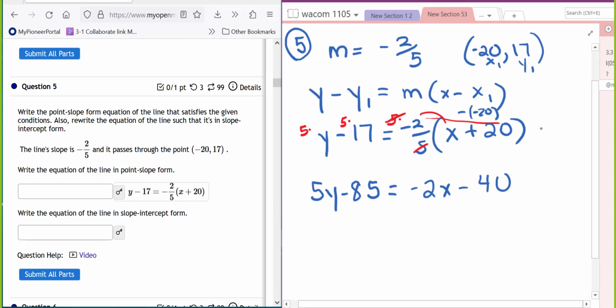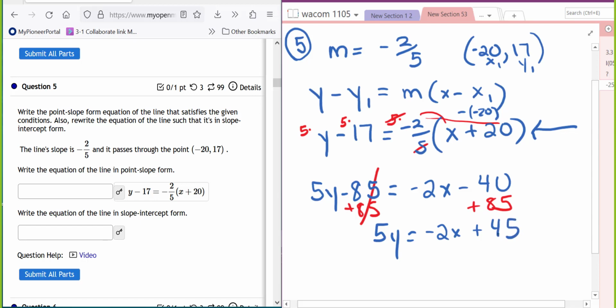So this was my first answer before I marked it up. And this one I'm going to isolate the y. So add your 85 to both sides. So 5y equals -2x plus 45, and divide through by 5.